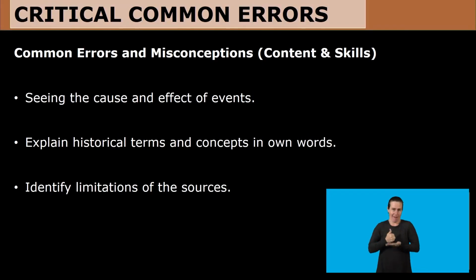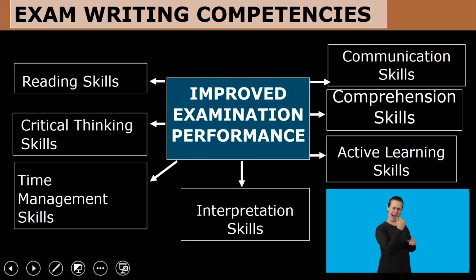Now, remember I said this is bridging the gap. We are trying to help you improve. So it's very important that you're able to see cause and effect in history, explain historical terms and concepts in your own words, and identify limitations of the sources.